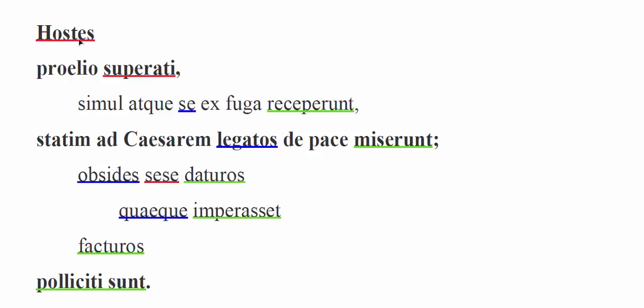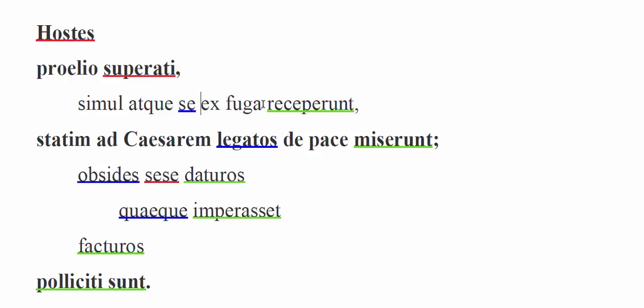What happens now with the hostes, right? They did get away, but the hostes were proelio superati. So they had been overcome. They had been defeated in the battle. As soon as, similatque, as soon as se recuperunt, so literally they recovered themselves from their fleeing, from their flight.